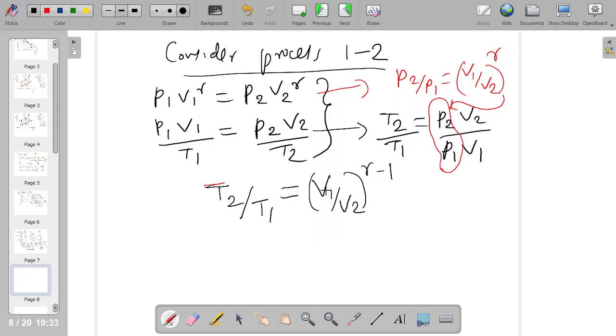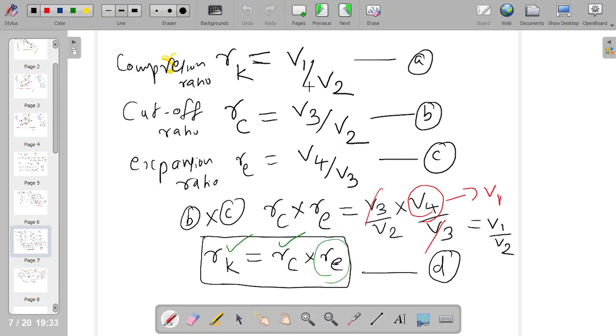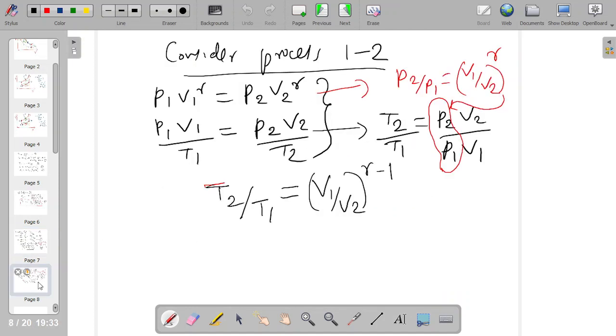But what is this V1 by V2 from equation A? That is the compression ratio Rk. So we can write T2 equals T1 Rk raised to gamma minus 1. This is the same as in the Otto cycle, where we also obtained a similar expression.